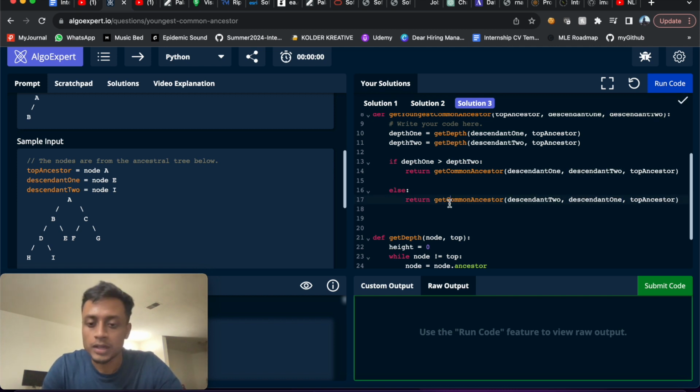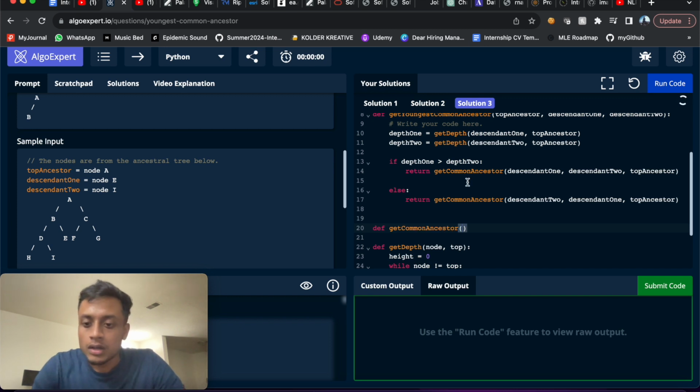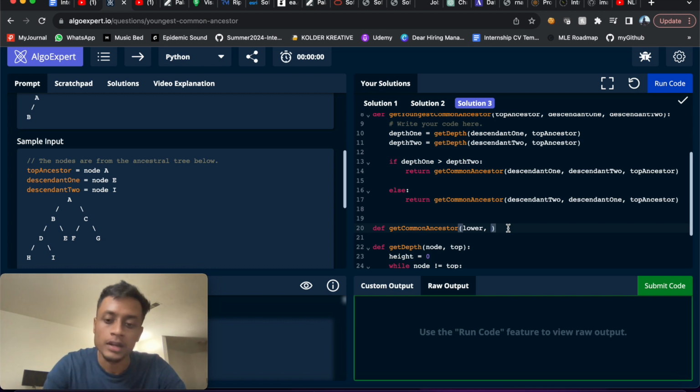So it's my responsibility to write this method now such that it returns me the final answer that I'm looking for. Descendant 1 is the lower because it has higher depth. In this case descendant 2 has a higher depth, hence it's lower in hierarchy.